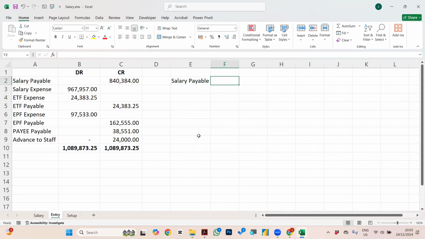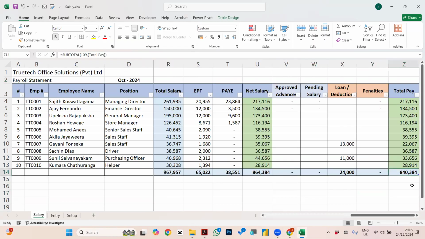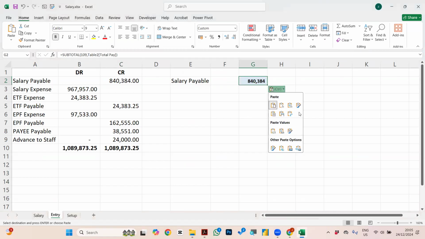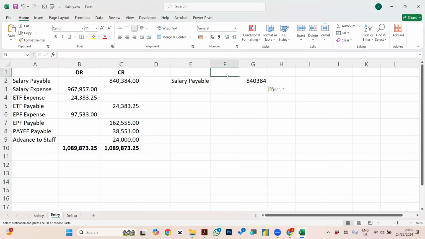This says salary payable is 840,000. If you come here, as a payment we have to make 840,000. That's correct. Salary payable is going to be 840,000, and that's going to be a credit. It's a liability account. So I'm going to say debit, credit. Salary payable is exactly the amount we need to pay.